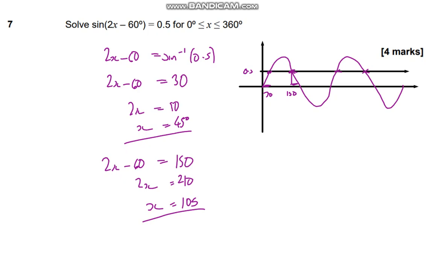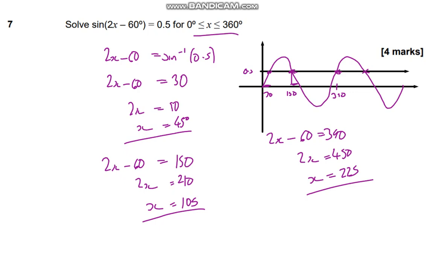Okay, we've got another solution here. That's obviously 360 degrees on from the 30, so that must be 390. So 2x minus 60 is equal to 390. So 2x is equal to 450, and x is equal to 225. So that's within the 0 to 360, even though 390 wasn't, the 225 is.